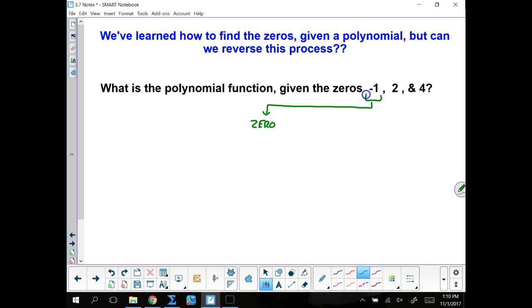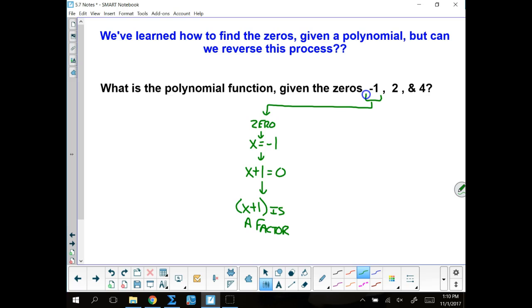How did you get x plus 1 as a factor? So I set my 0 equal to x, then I get that equal to 0, and therefore x plus 1 is a factor.